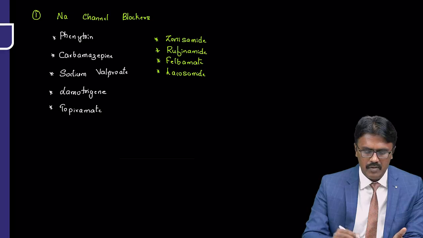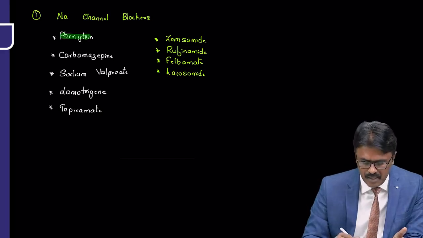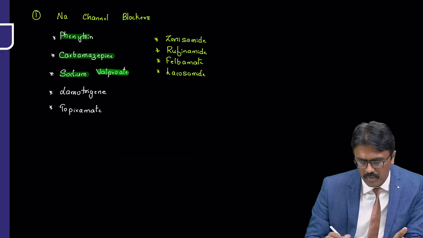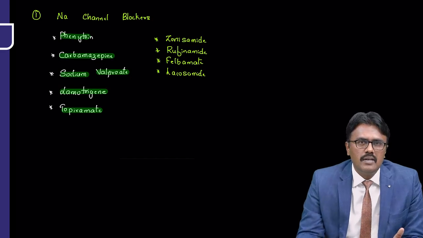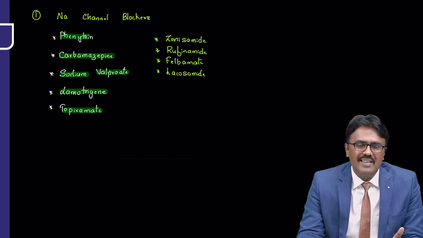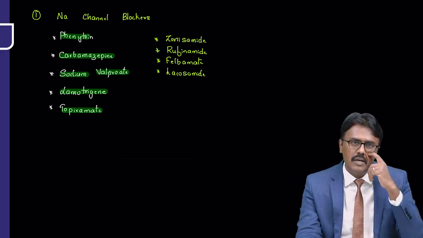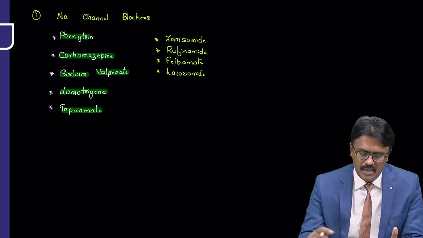So mainly you need to concentrate on phenytoin, carbamazepine, sodium valproate, lamotrigine, and topiramate. By blocking the sodium channel, they decrease the impulses coming from the brain to the periphery. We'll discuss one by one.